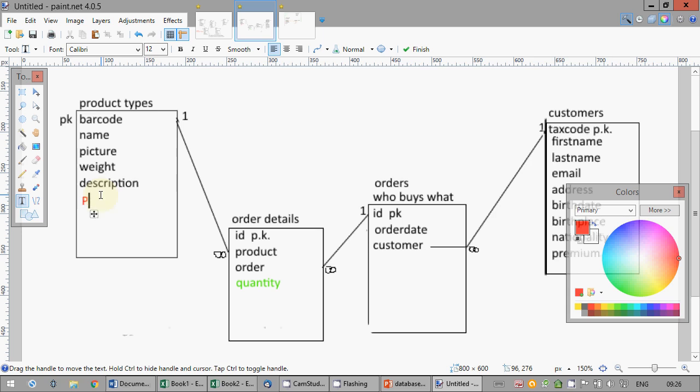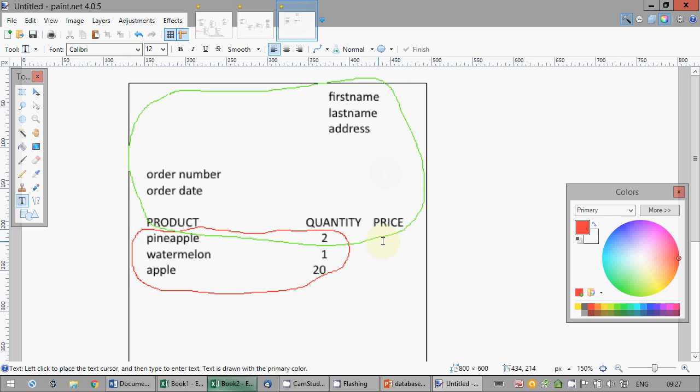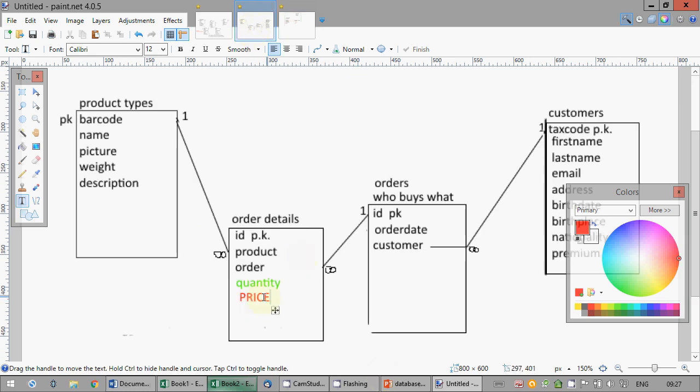However, many people prefer to insert a price here. This is instead a fully flexible price policy. It means that the price changes for each order, for each customer, and obviously for each product. So price here is a fully flexible choice.